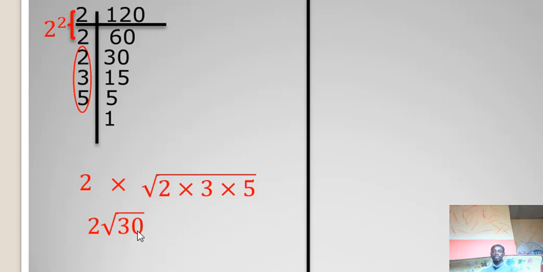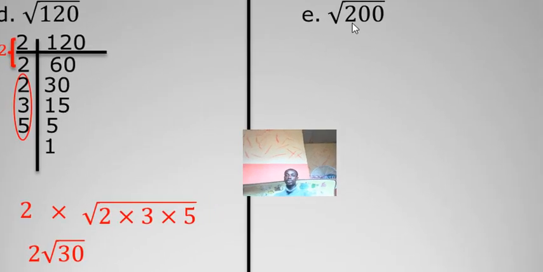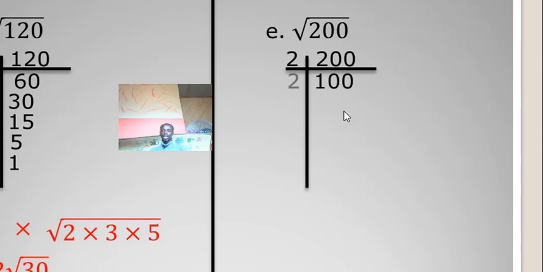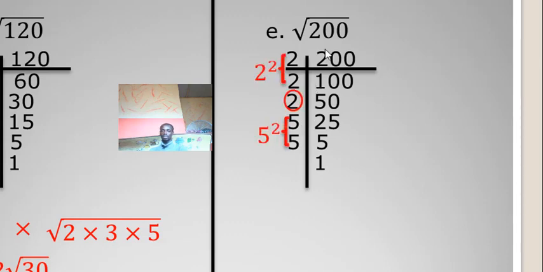Makes sense? Now here I have root 200. So expressing 200 as a product of primes, I have this. Sorry, I'm not taking time to explain, but I just want to believe we understand it already. Now let's pair up.